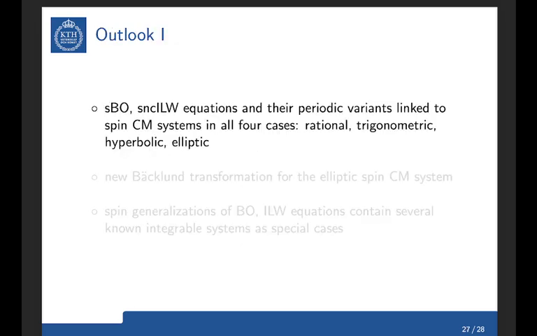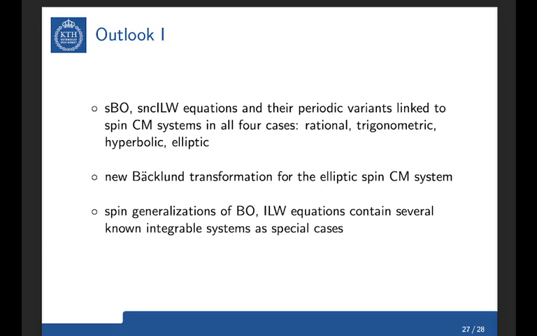So I will just summarize now. The spin Benjamin-Ono and spin NC-ILW equations, together with their periodic variants, can be linked to all 4 species of spin CM systems. And 3 of these are straightforward, but the elliptic case is quite a bit more interesting, involving some new features coming from the novel Bäcklund transformation.